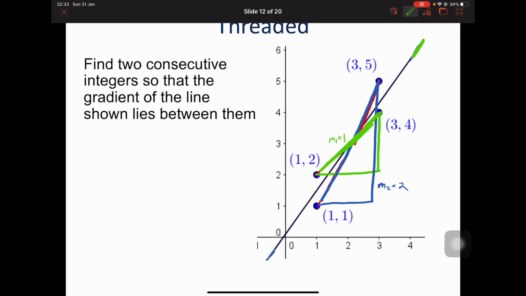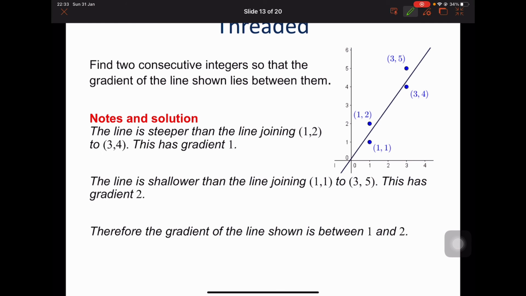So find two consecutive integers so that the gradient of the line shown lies between them. So those two consecutive integers are 1 and 2.